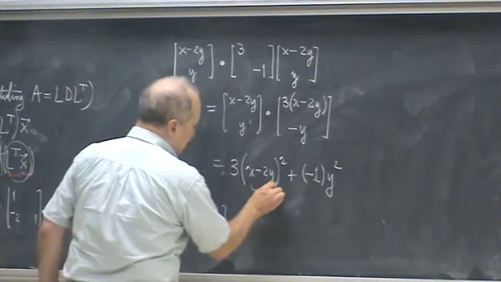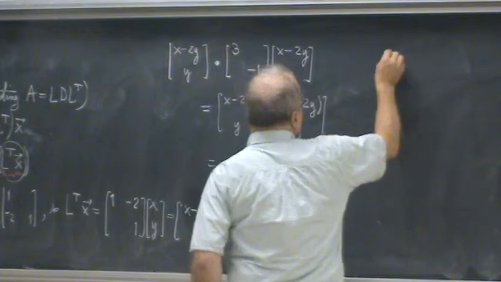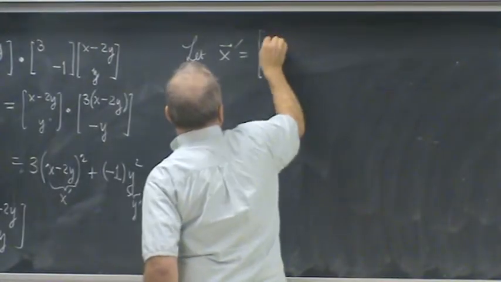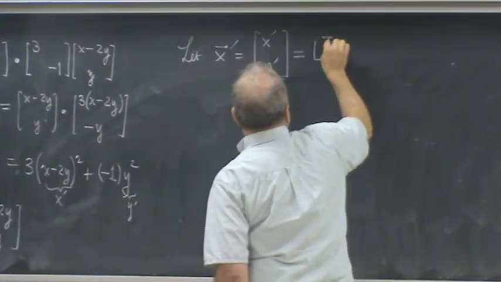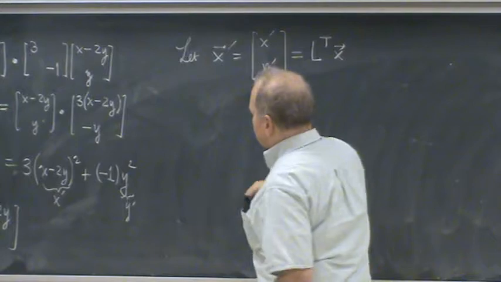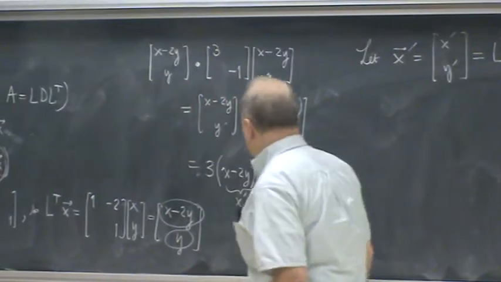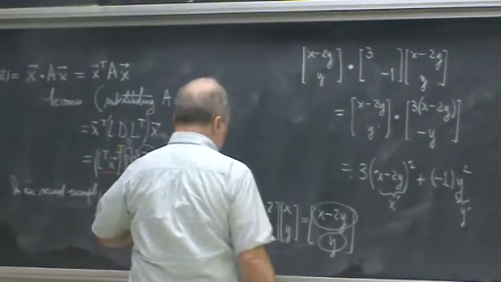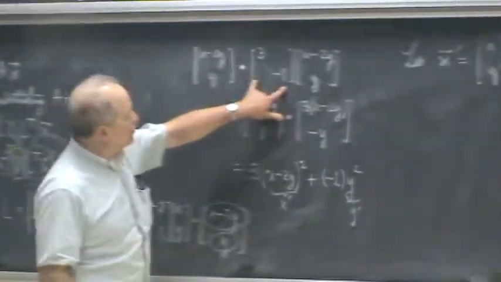If you let this be x prime and y be y prime, then in my new coordinates, I have a quadratic function that's a sum of squares with the coefficients given by the entries of D.